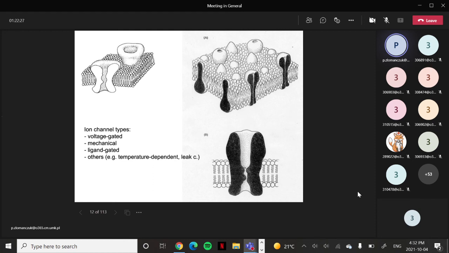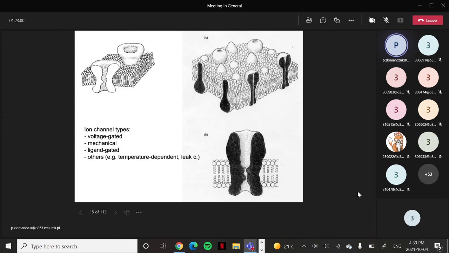And now we added channels which will dynamically react to changes in the environment. So we have to ask ourselves the question: if, say, sodium channels open in the resting situation of the cell, when you have the resting potential of the membrane, what will happen when you cause the membrane, by opening the sodium channel, to be permeable to sodium?